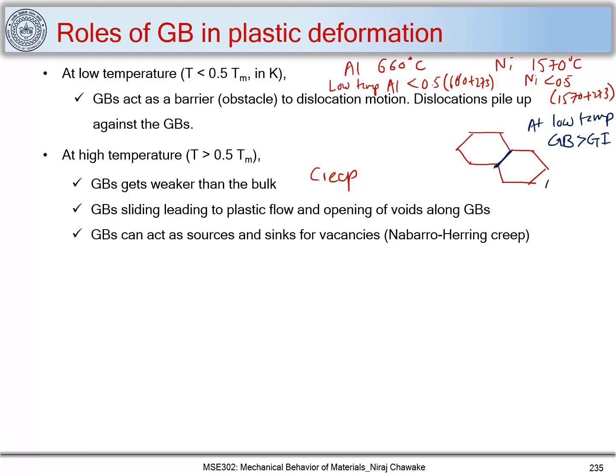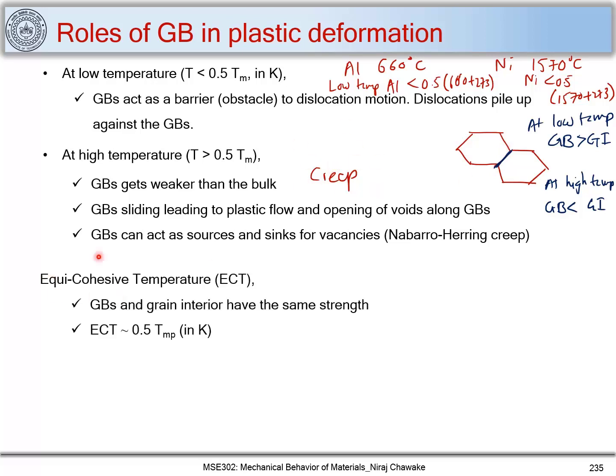At high temperature, the grain boundary strength is smaller than the grain interior. Why so? Because there are some mechanisms which come in: void formation, vacancy formation along grain boundaries, and sliding along grain boundaries. We'll be looking at that when we discuss creep in the material.